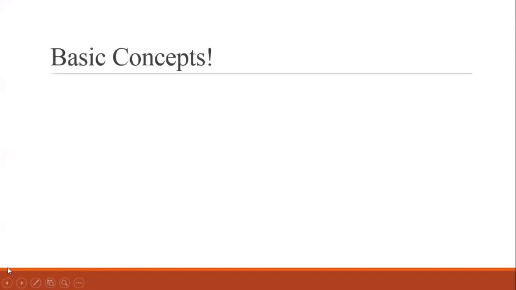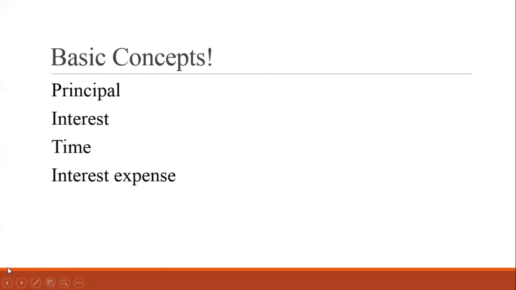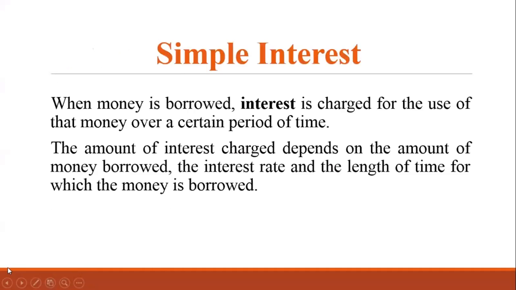Now, there are some basic concepts that we're going to encounter during our discussion. So, we have the principal, the interest, time, interest expense, interest income, simple interest. So, when you say simple interest, when money is borrowed, interest is charged for the use of that money over a certain period of time.